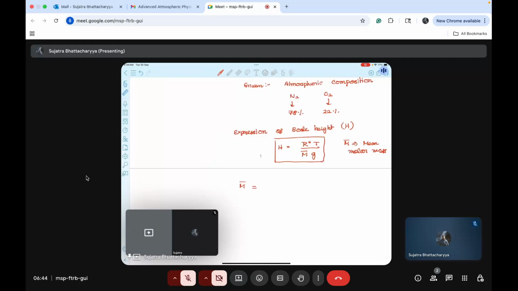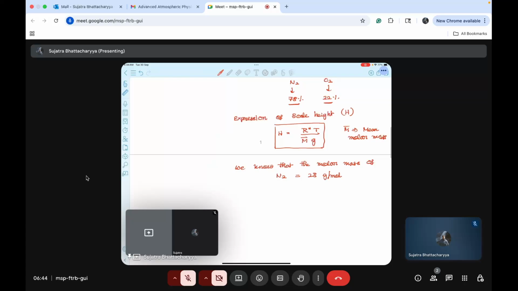You have been given this N2 and O2 composition. Based on that, we will calculate. We know that the molar mass of nitrogen is 28 grams per mole.